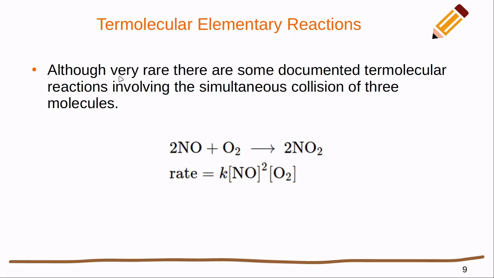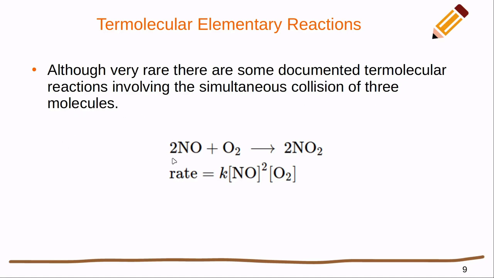Okay, now these are very rare, but there are some documented reactions that require the simultaneous collision of 3 molecules. All right, now you have to imagine that it is not very likely that 3 molecules are going to strike each other in the proper orientation simultaneously. Okay, that's just a less probable thing to happen, but it does happen.